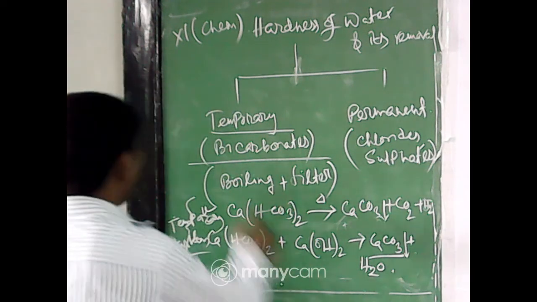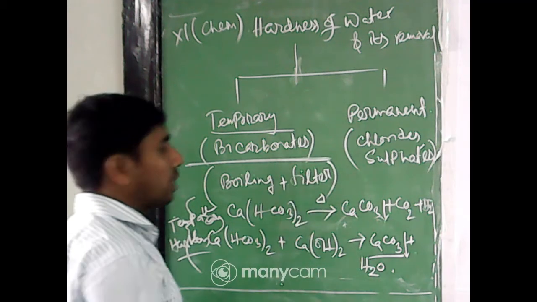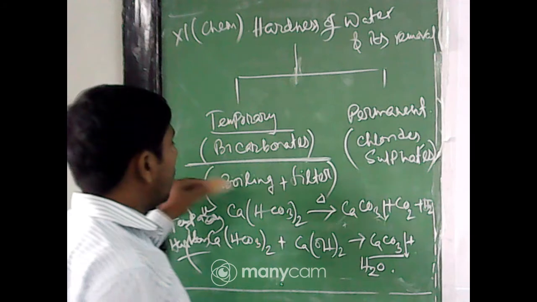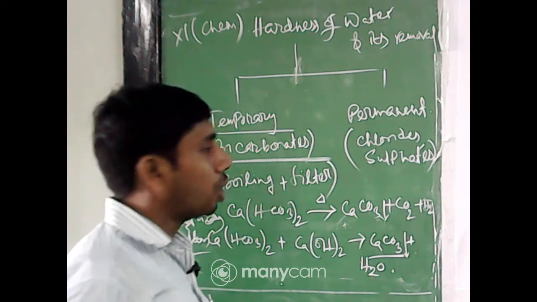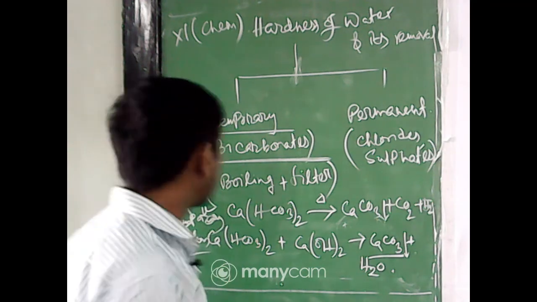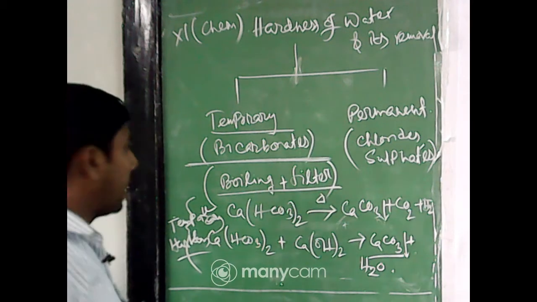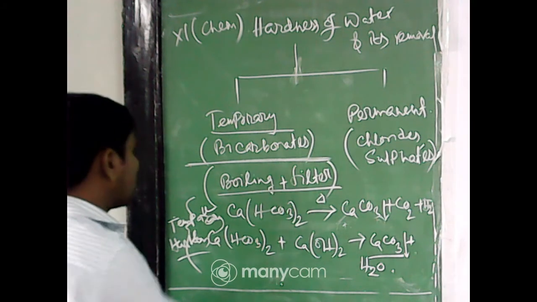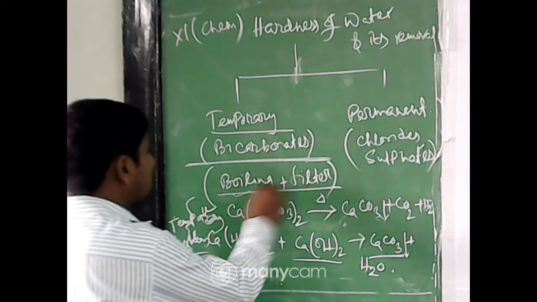So when bicarbonate is present in a water sample, the sample contains temporary hardness. To make temporary hard water into soft water, there are two processes. One is boiling and filtering, and the second is reaction with slaked lime. First, boiling plus filtering.